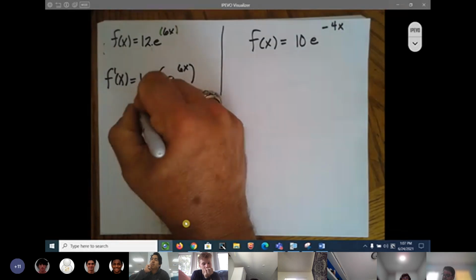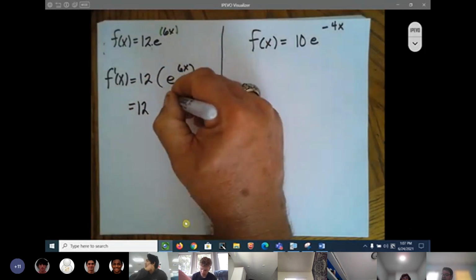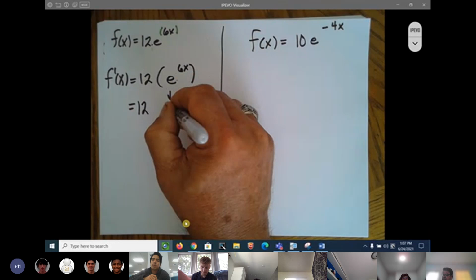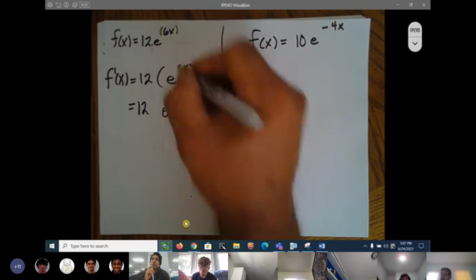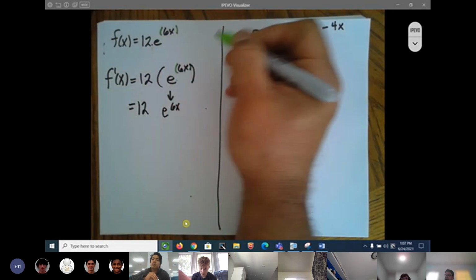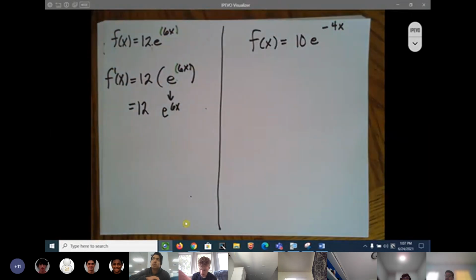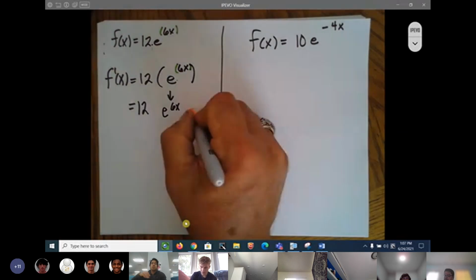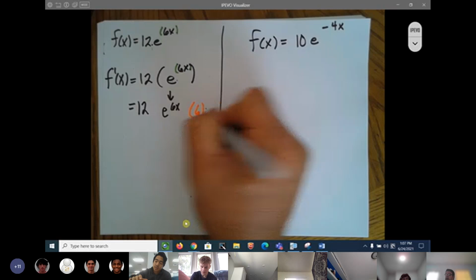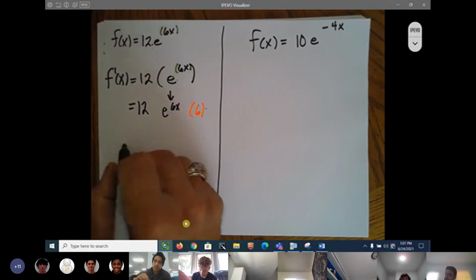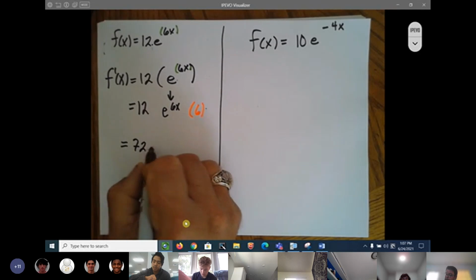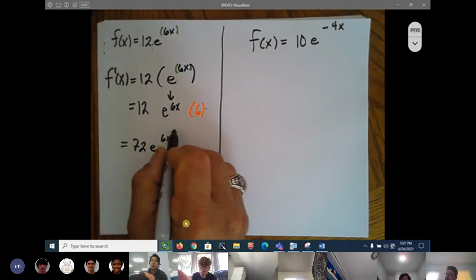So 12, the derivative of e to the x is e to the x. But we've got parentheses, and there's something there besides an x. So we've got to take the derivative of 6x, which is 6. And now your answer is 72e to the 6x.